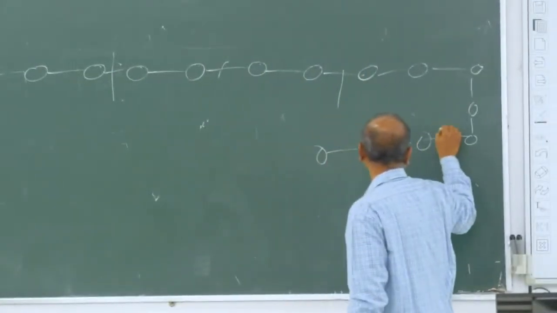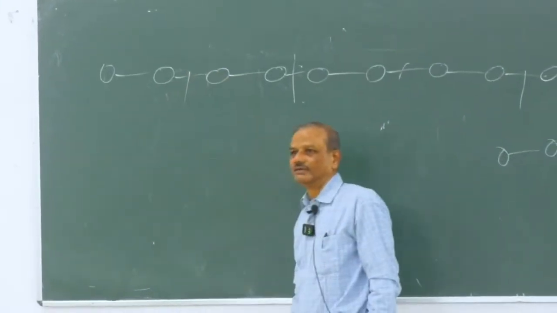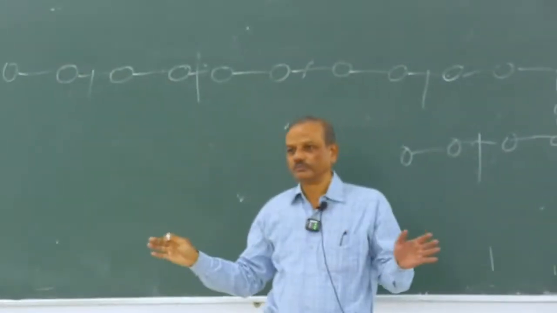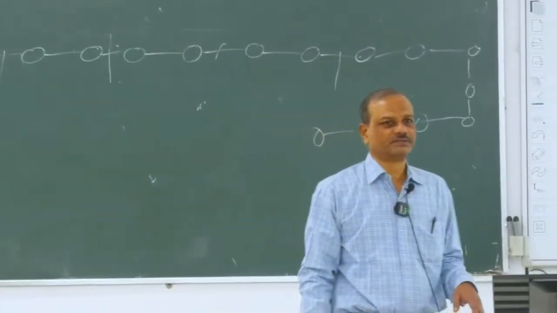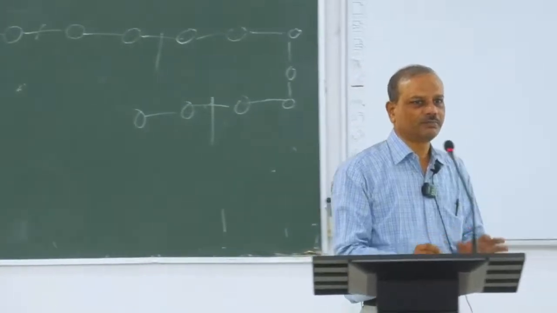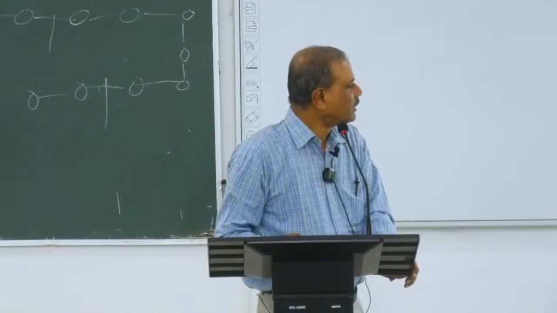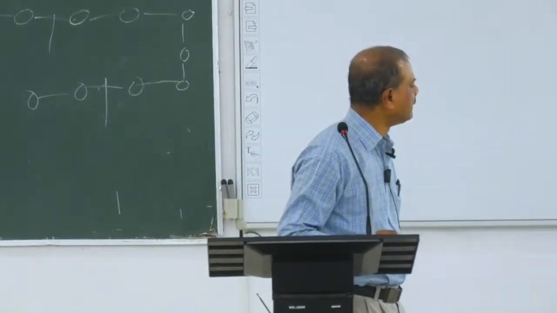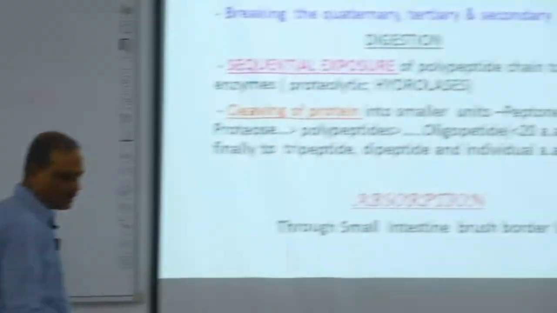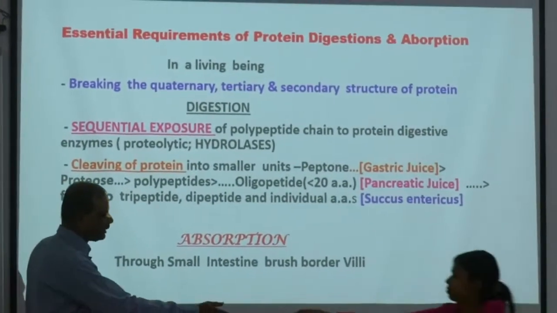It might cut here, it might cut here, and it will produce peptides of variable length, and those variable length peptides are subjected to the next step, where they will undergo cleavage again.